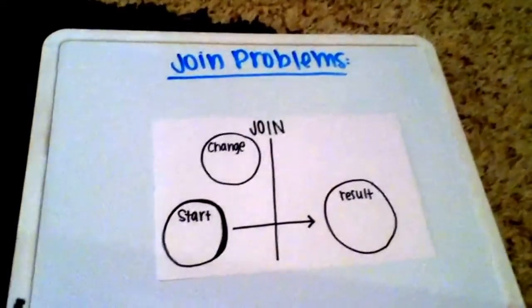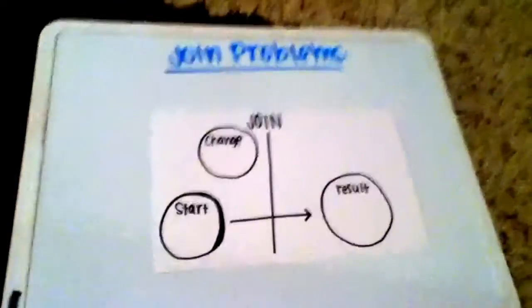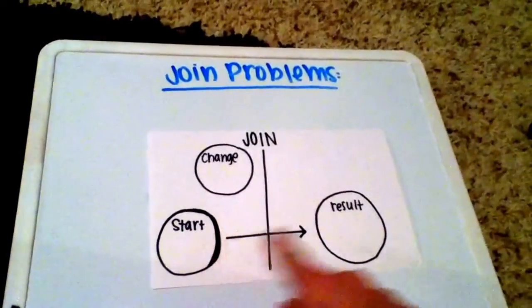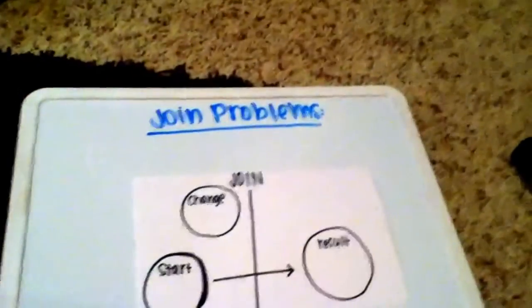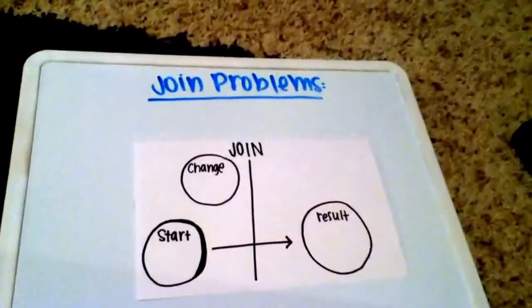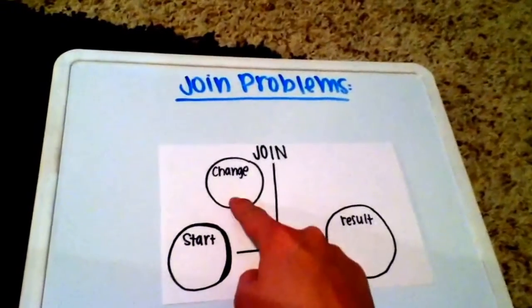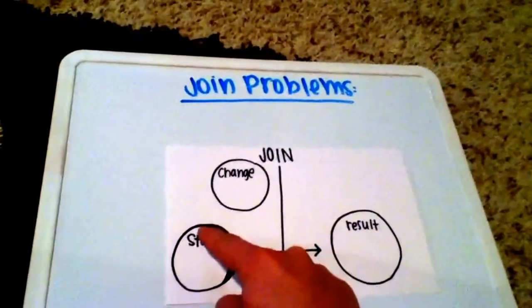So for this problem, we're going to be using this diagram. Right here you can see it says join at the top, the line down the middle, and then the arrow going from the start to the result. Now what we need to realize is that in join and separate problems, it's going to be different depending on if the arrow is going to move to the change or if the change is going to be moving to the arrow.